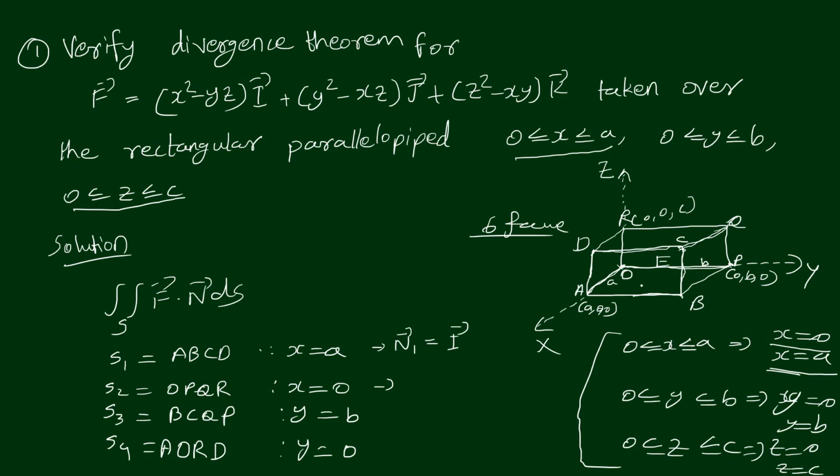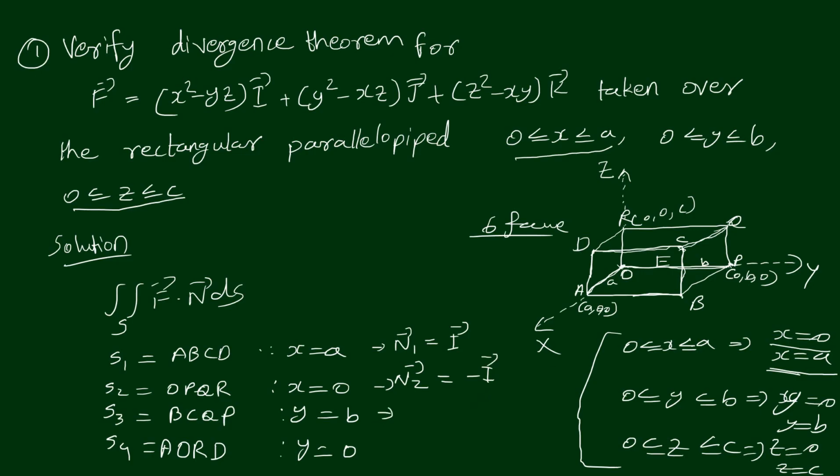Similarly, what is S2? S2 is x equal to 0, that is the YZ plane. So there, the unit normal vector is in the opposite direction of the x axis. The plane OPQR is at the back side. So the unit normal vector is on the negative side of the x axis, so that unit normal vector will be minus i vector. Clear?